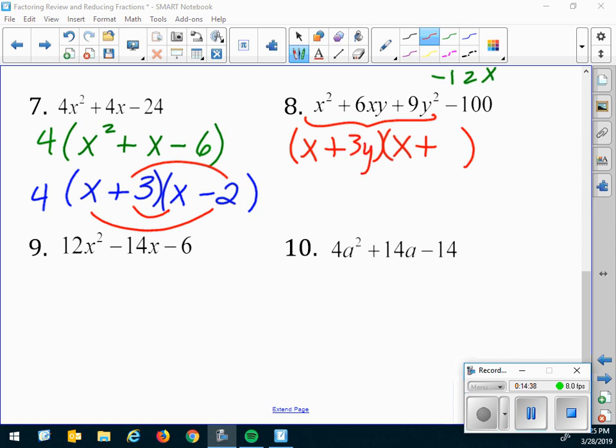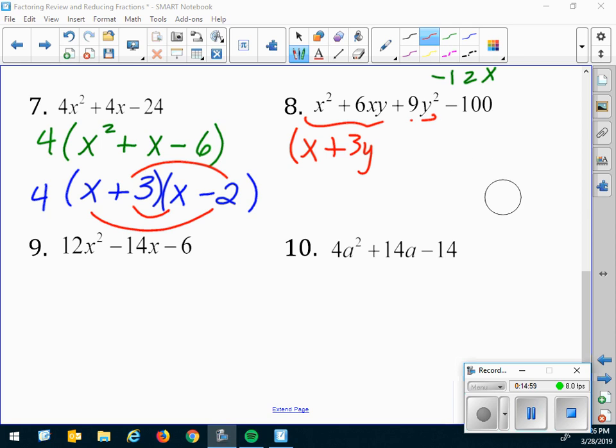Now, let's make sure this works. If you multiply that all out, do you get what we started with? Sure do. Now, what's another way I can write this one? Good. X plus 3y quantity squared.